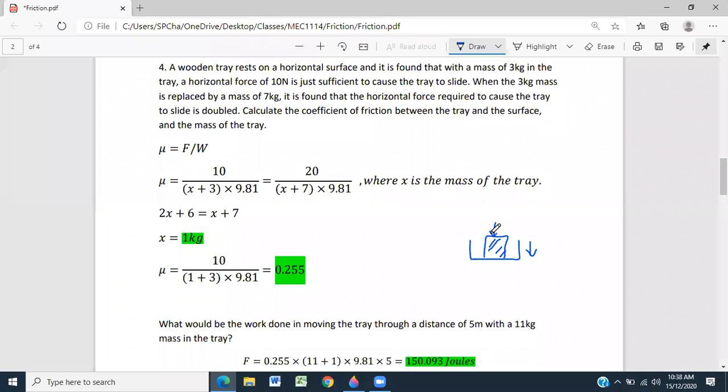And it's sliding on some horizontal surface, and that surface has some unique coefficient of friction.